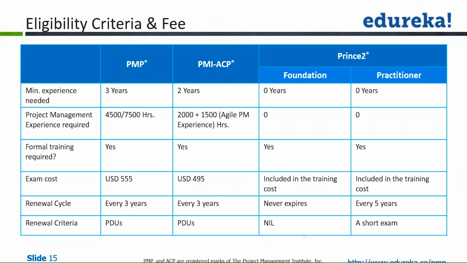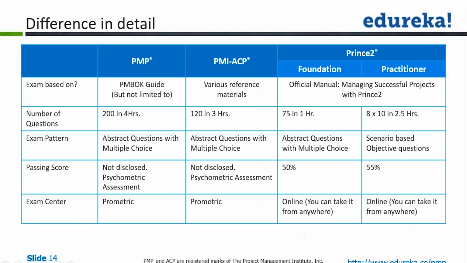Okay, Ravi Kiran is asking a question: Prince2 by Edureka, once more please. Okay, fine. For the Prince2 examination, that is Foundation and Practitioner, you need not go to any Prometric center or anywhere. When you enroll with us, we will provide you a voucher, and after you complete your training, whenever you are ready to take the exam, you need to go to the PeopleCert website.